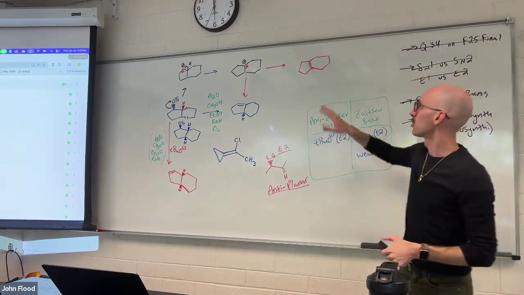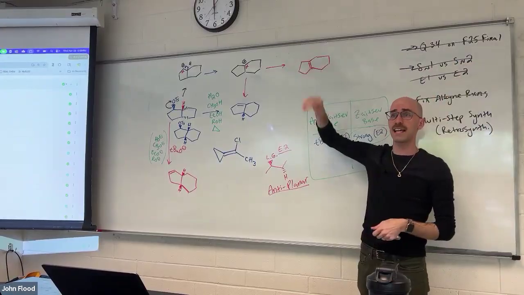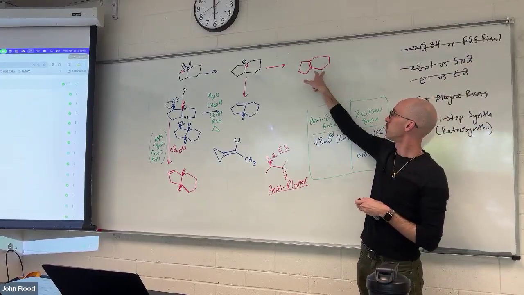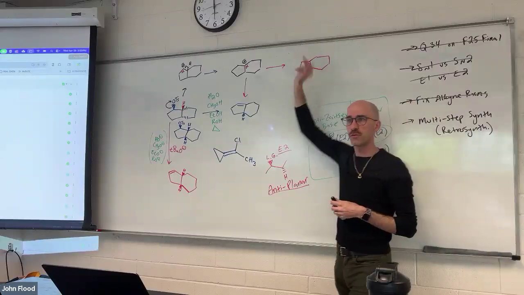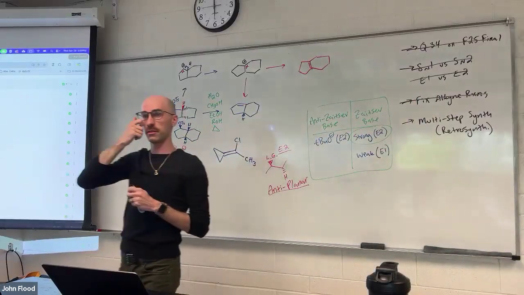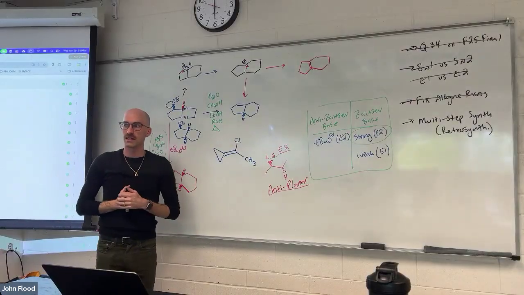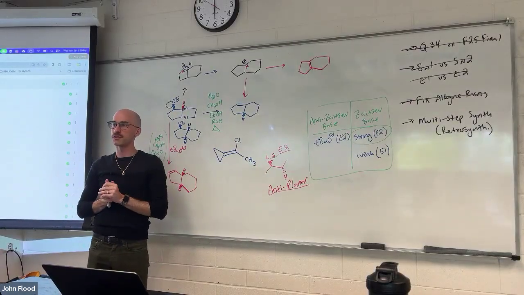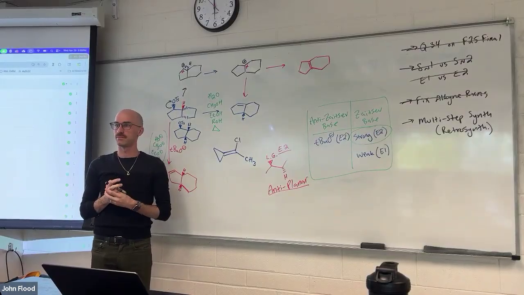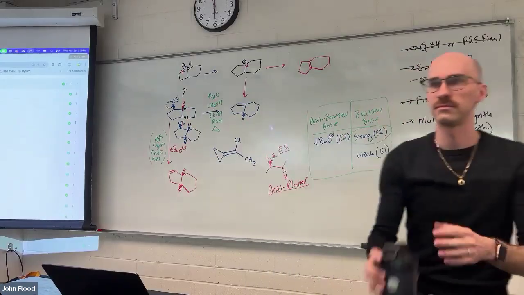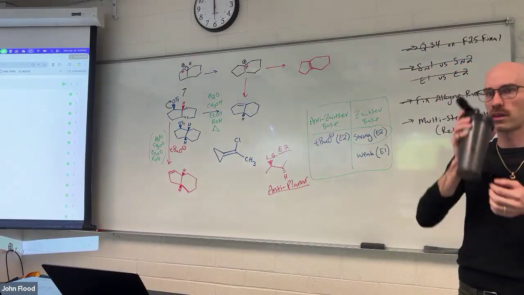But I would just look at the two carbons of your alkene and count how many groups coming off are carbon. 1, 2, 3, 4, tetra-substituted. Mono-substituted.